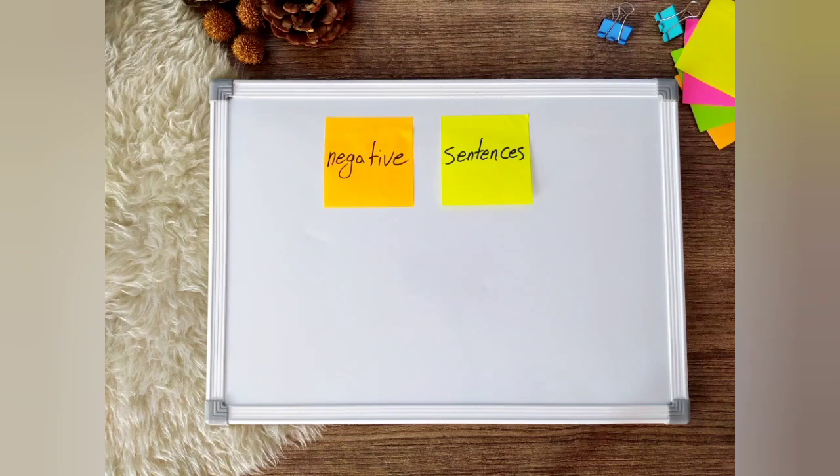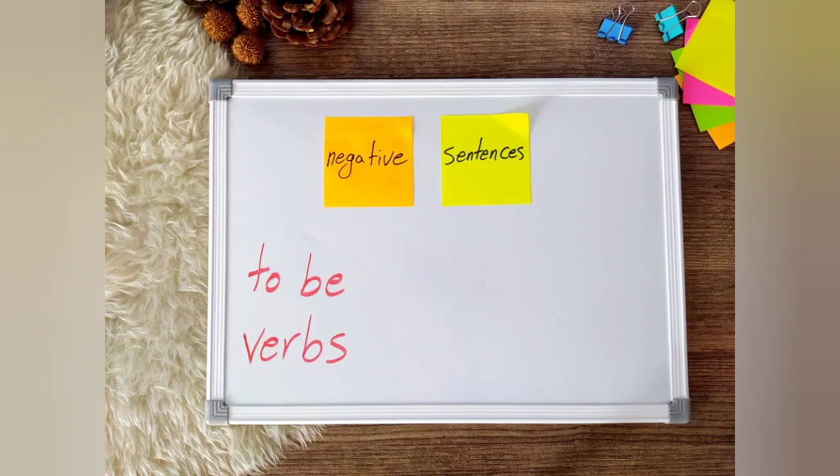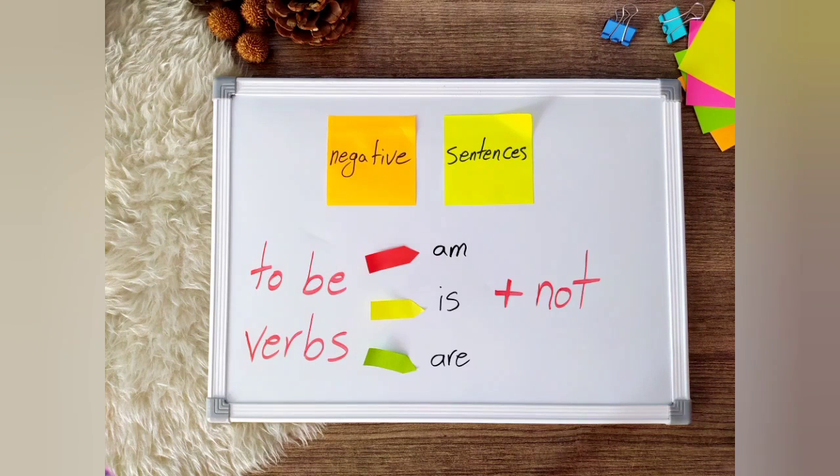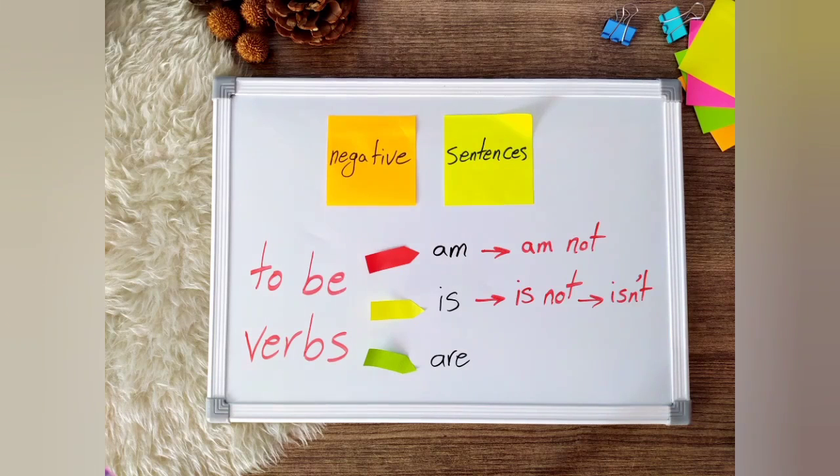How do you make a negative sentence in simple present tense? When you want to make a negative sentence and you have to be verbs in that sentence, the only thing that you should do is to bring not after the to be verb. Am not, is not, are not. You can use the contraction forms of these to be verbs in your sentences, isn't and aren't.